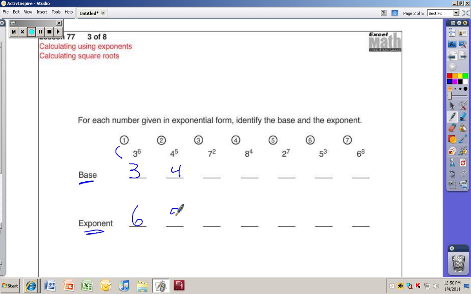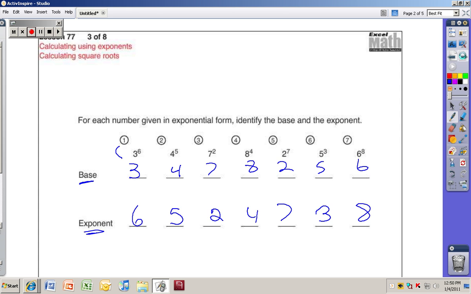See if you guys at home can beat her and do the answers faster than what she's doing them. Oh, here she goes. Okay. That was fast. That's such a tricky page, isn't it?